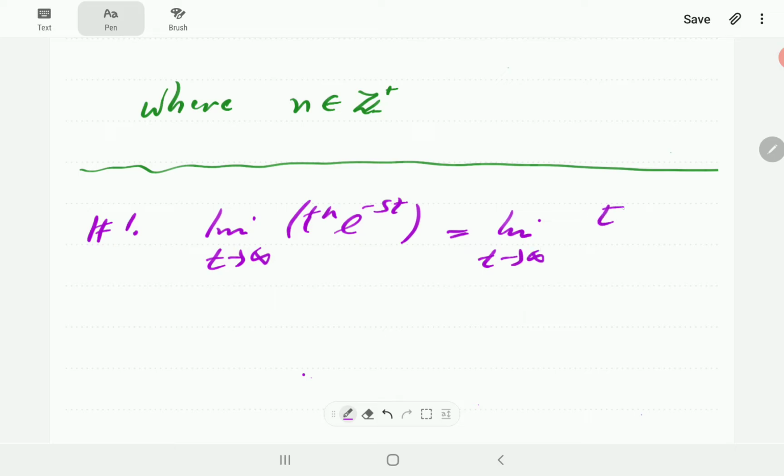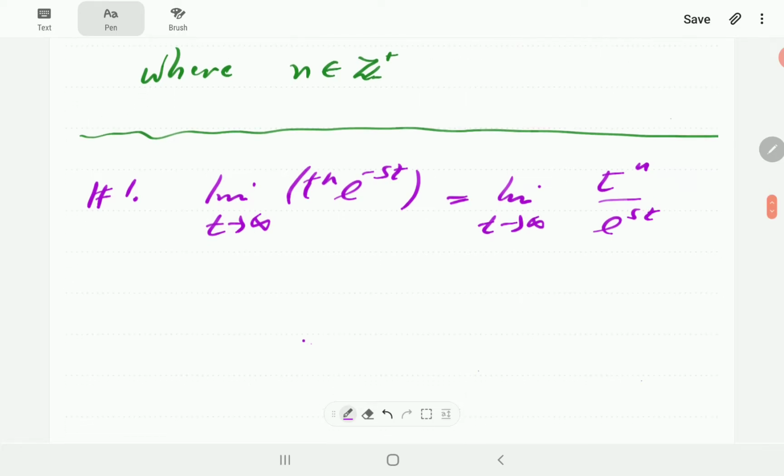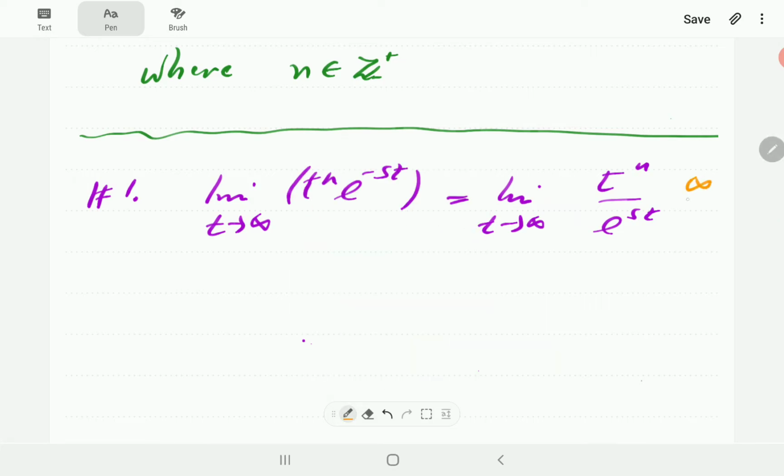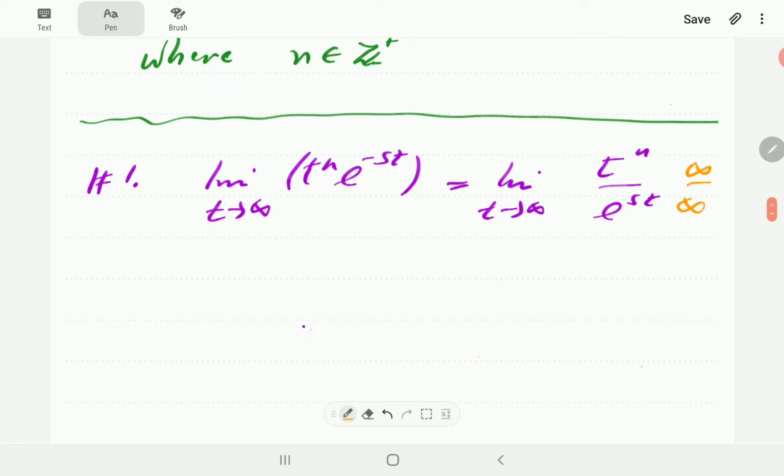So the first thing we are going to do here is we write this thing in this form. Then we notice that as t goes to infinity, this thing is going to give us the infinity over infinity indeterminate form.